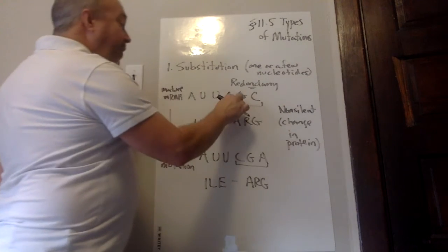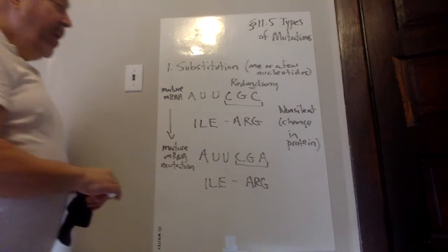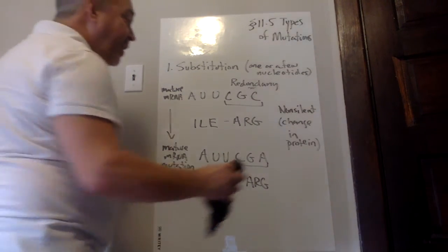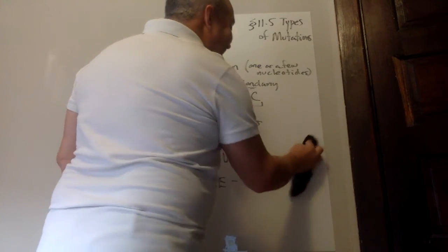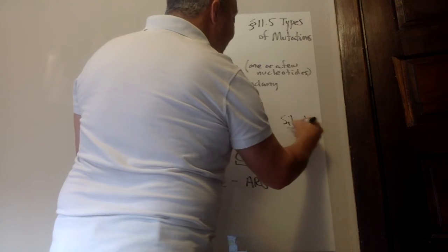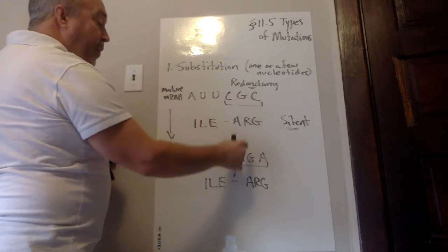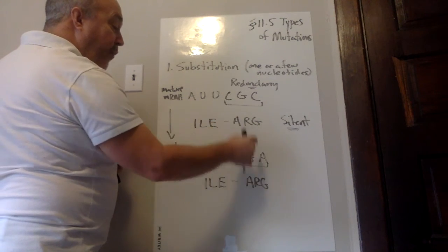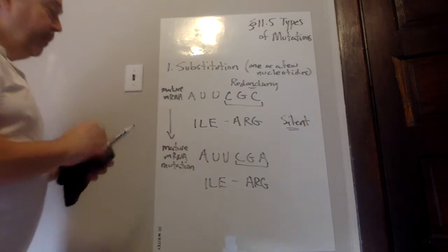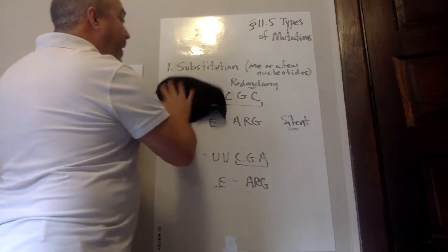This means that this codon and this codon both code for the same amino acid. Whenever you get a mutation like this, it's considered silent because you didn't even know the mutation happened. Because of redundancy in the code, different codons will code for the same amino acid. All right, so that's a substitution.